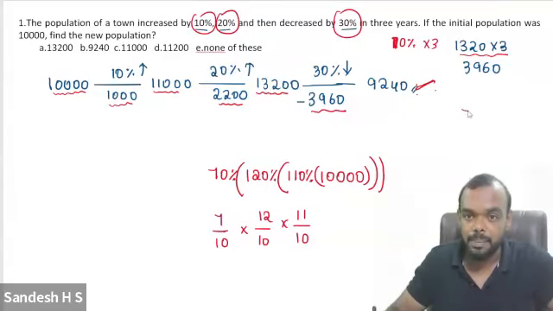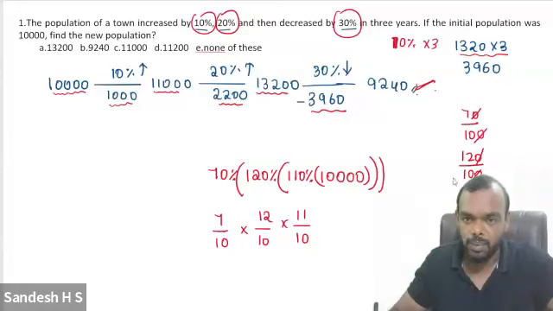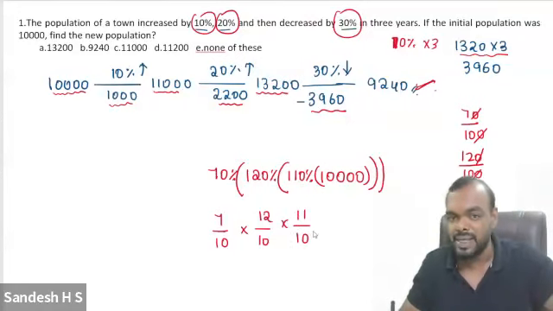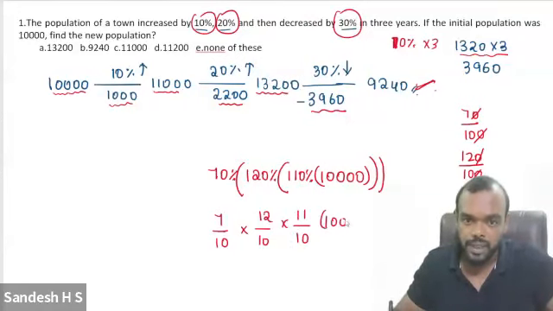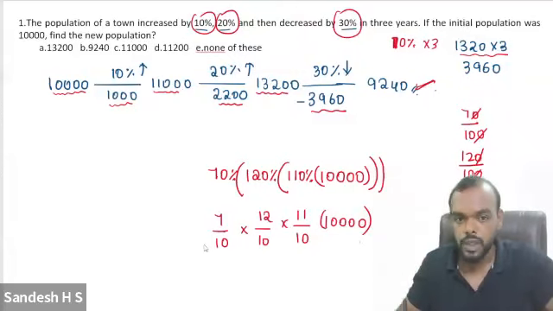Why? 70% means 70 by 100, 0 cancel, 7 by 10. 120% is 120 by 100, 0 cancel, 12 by 10. Likewise, 110% is 11 by 10 of 10,000.